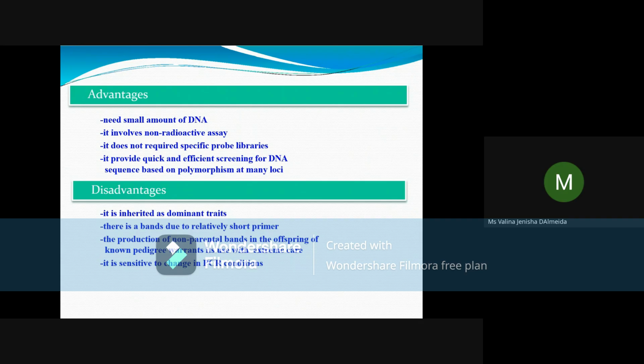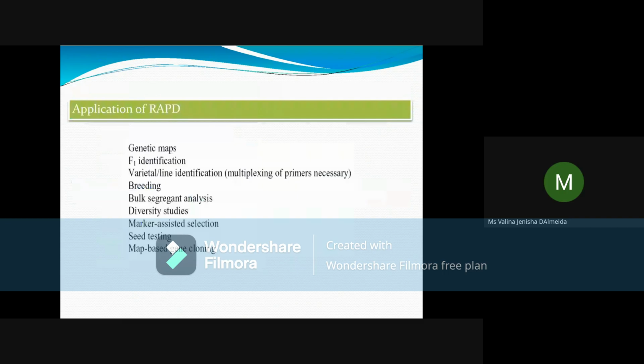Finally we have the AFLP technique, amplified fragment length polymorphism. Just imagine you have a restriction enzyme digested DNA. Instead of running agarose gel electrophoresis and Southern blotting, you are using these restriction digested DNAs for the PCR. So that's what exactly amplified fragment length polymorphism does.